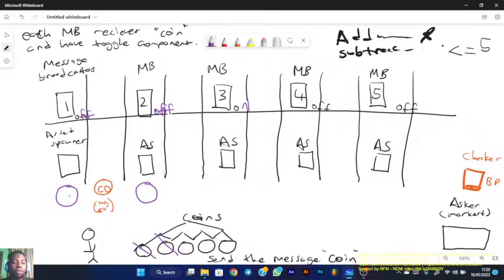So now we have 2 coins. If the player then collects a third coin, it sends the message coin here, and the message broadcaster sends a message that turns this one off, spawns a coin, and turns this one on.